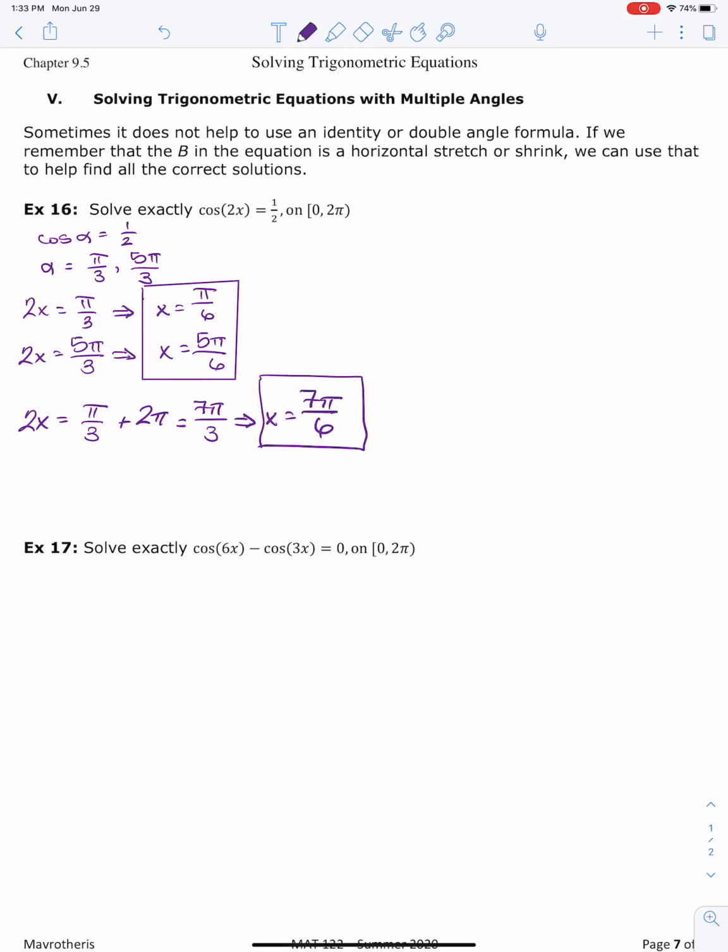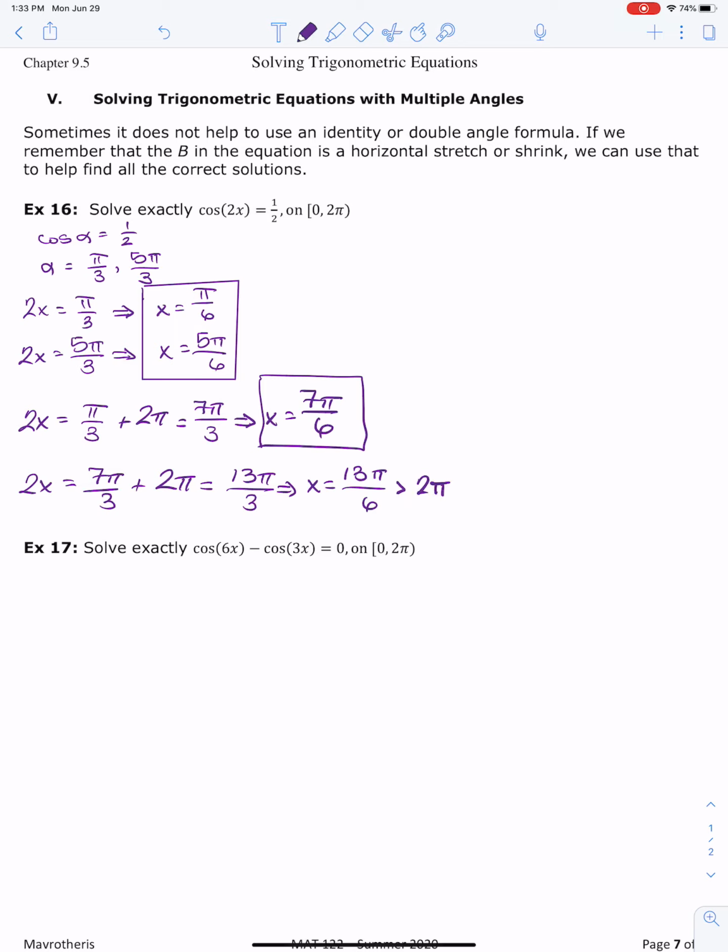Okay, I'm going to see what happens if I go around that circle one more time. I take 7 pi over 3 plus another 2 pi, which is coterminal with 13 pi over 3. If I divide both sides by 2, I get x equals 13 pi over 6. Well, 12 pi over 6 is 2 pi, so this one's too big.